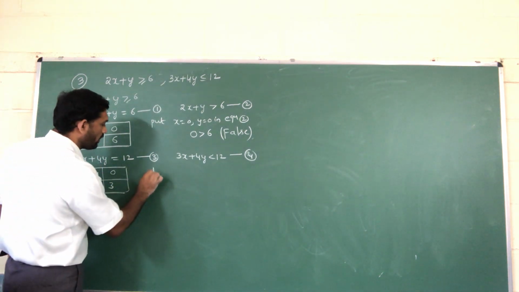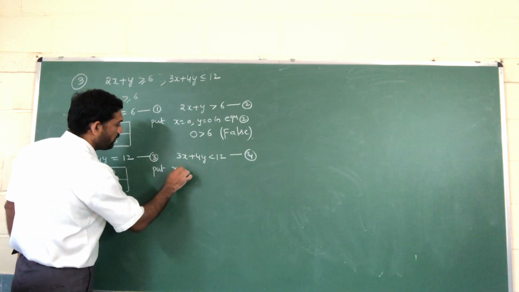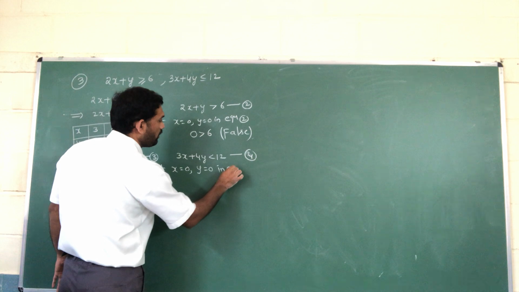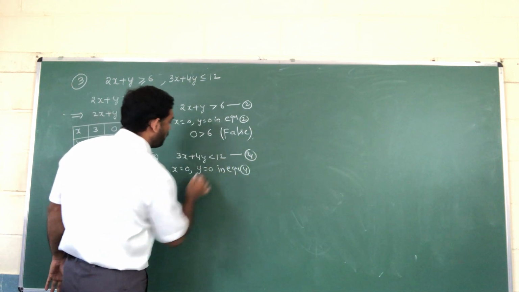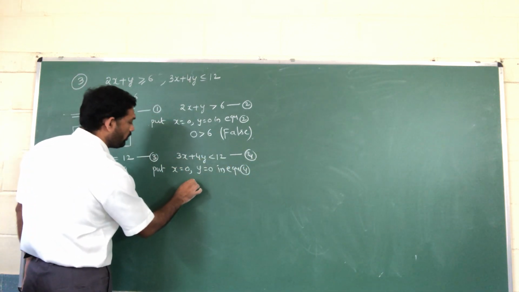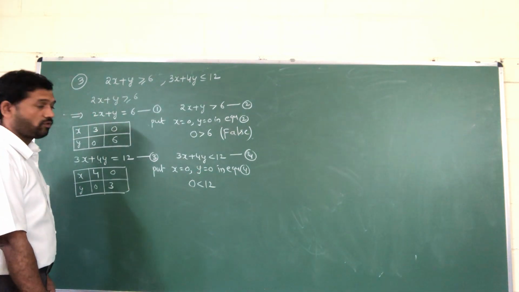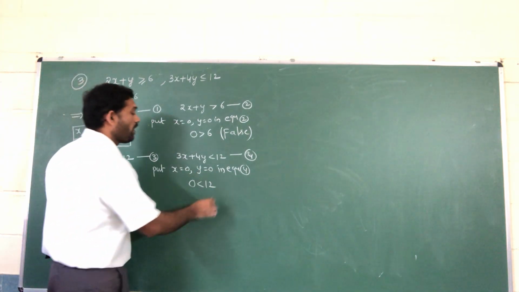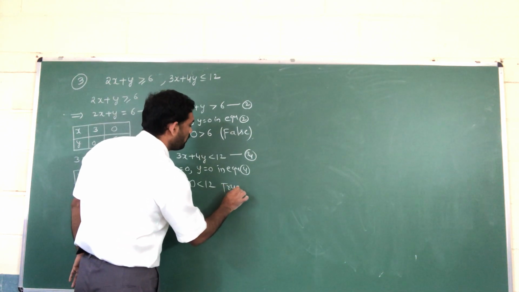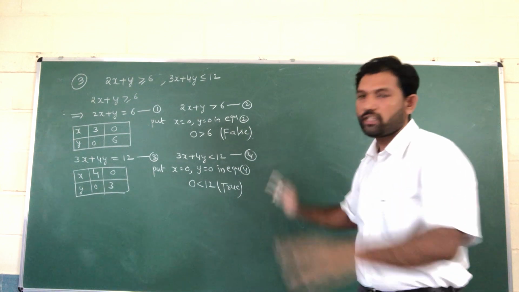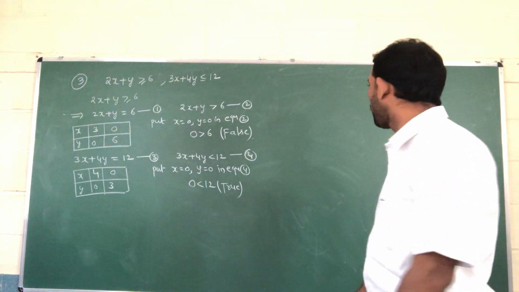After that, put x equal to 0, y equal to 0 in equation number 4. Then 0 less than 12 is always true. So the inequalities procedure is completed. After that you draw the graph.